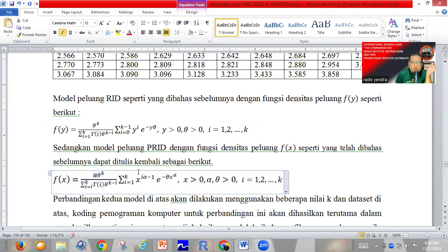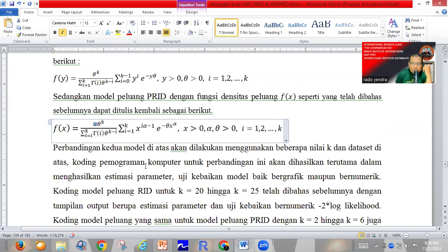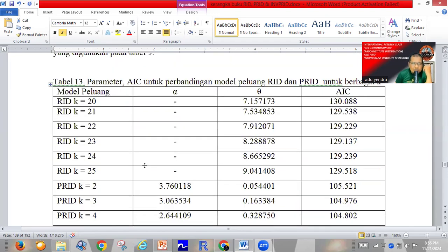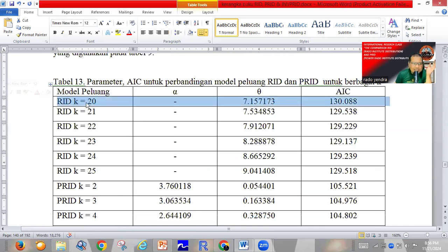Of course, the first thing is to estimate the parameters. We will use the R software to estimate the parameters, and then list them in a table. For example, we will use RID with K equal to 20 until RID with K equal to 25.